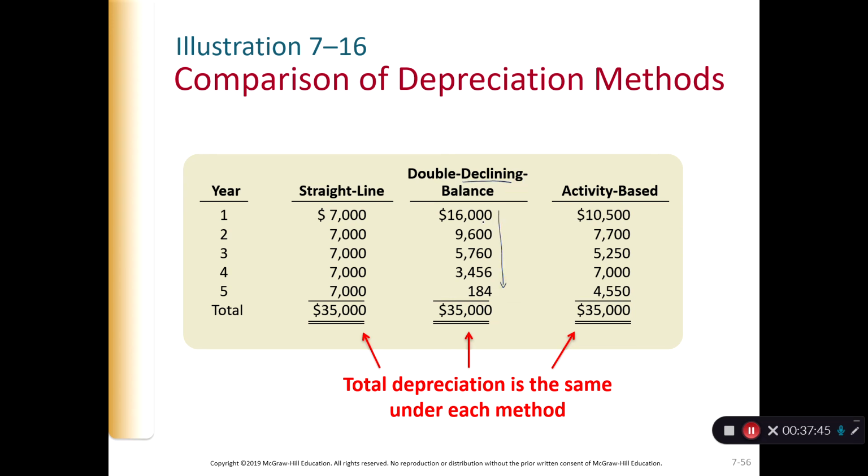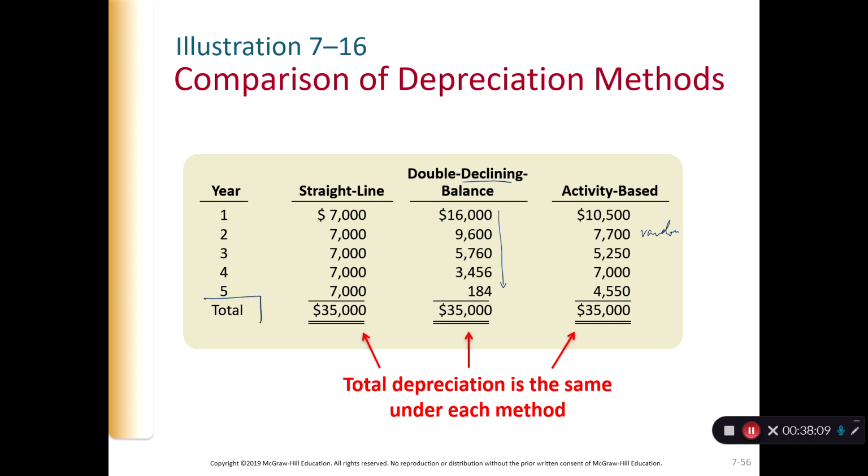In early years we depreciate a lot, and in the later years we depreciate much less. The depreciation expense is declining. The activity-based depreciation method is very random, right? Because it depends on how much you use the asset. So this is how it looks.